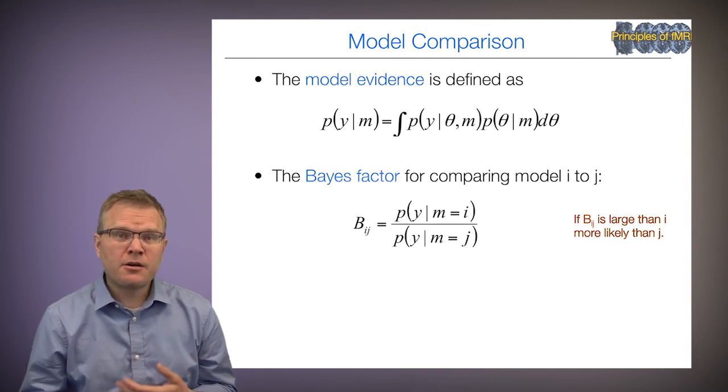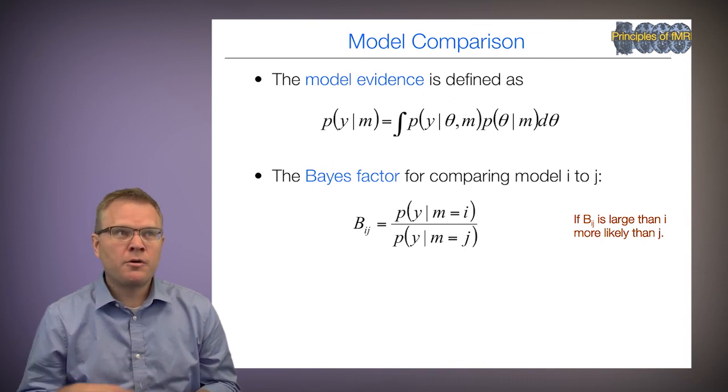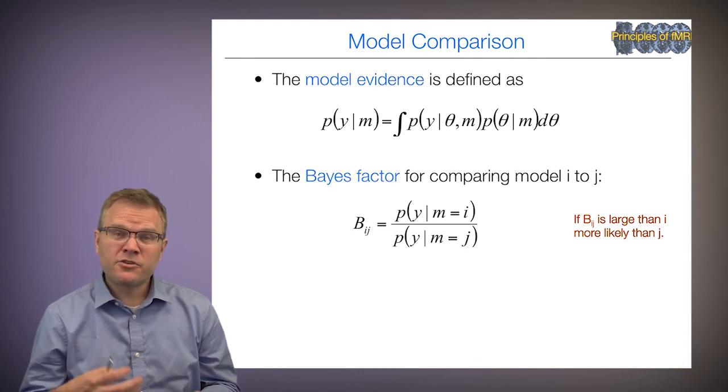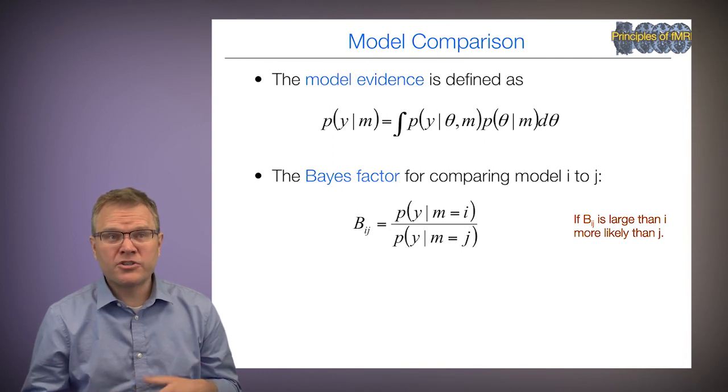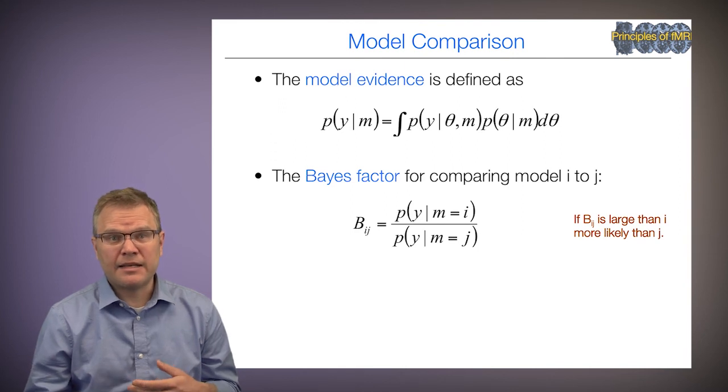Now, in order to compare models, one computes something called the Bayes factor. So the Bayes factor, we'll call this B_ij, is basically the ratio of the model evidence for model i divided by the model evidence for model j. So if B_ij is large, and by large I mean bigger than 1, then i is more likely than j. And if B_ij is less than 1, then j is more likely than i.